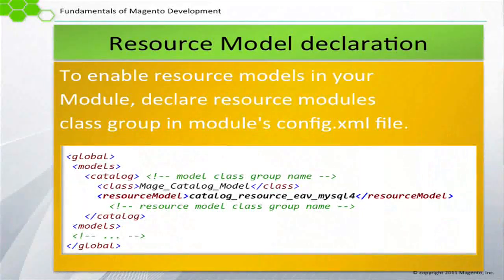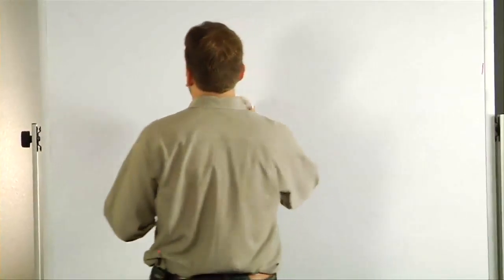Now, so that's entity models. How do we specify resource models? Well, in here, again, we're still using a similar notation. I'll put a couple examples up here. We're still using similar notation for our factory method for resource models.